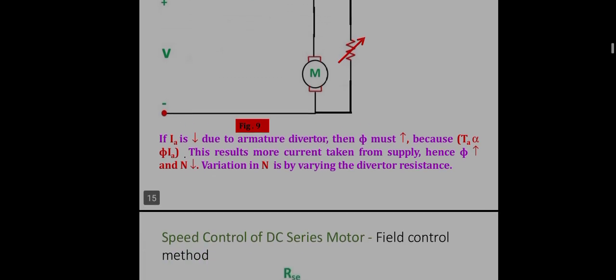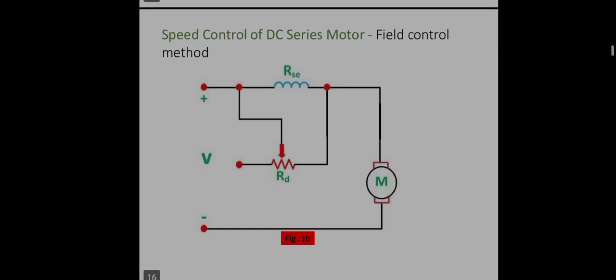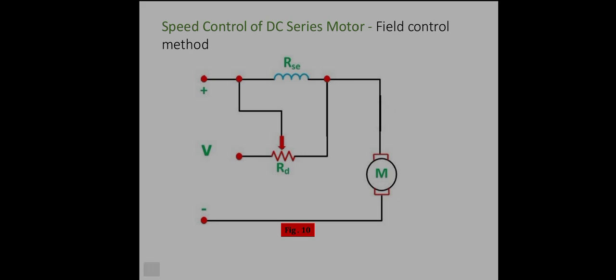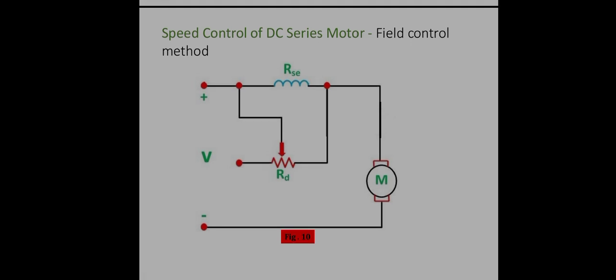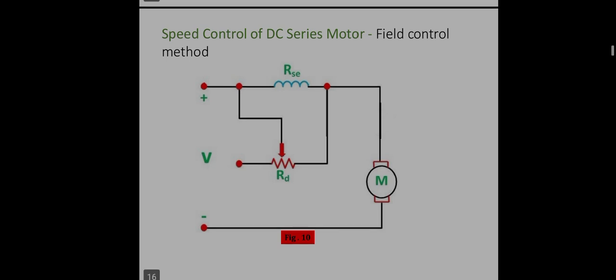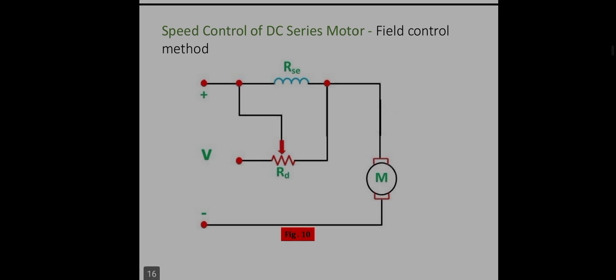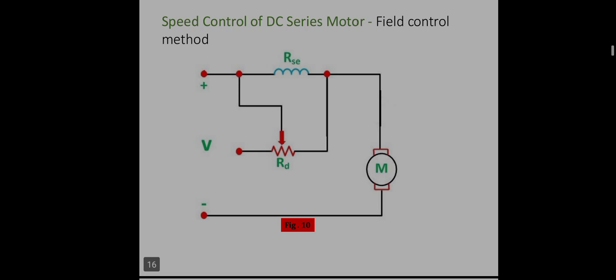This is the armature diverter. In a field control method, we are connecting a rheostat across the field winding. Here the field current alone is diverted, not the armature current.